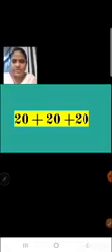Children, how many do they have in all? Yes, that means we have to add. That is 20 plus 20 plus 20, which is equal to 60. Children, today we are going to learn addition of 3 numbers.